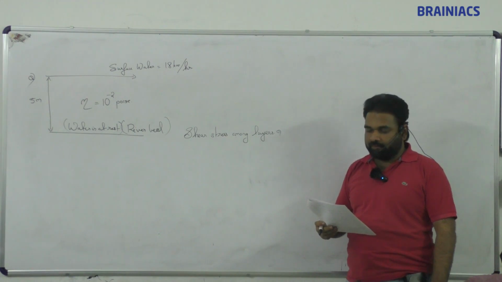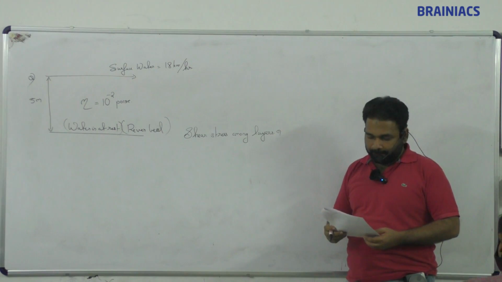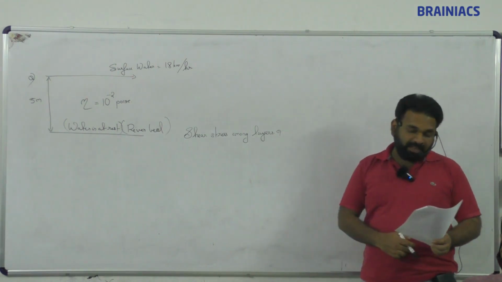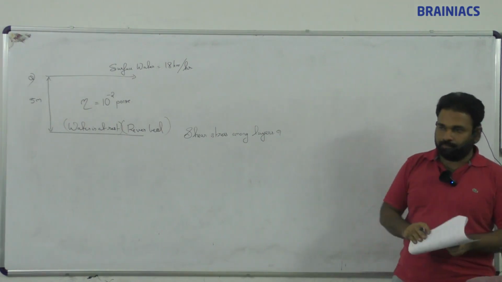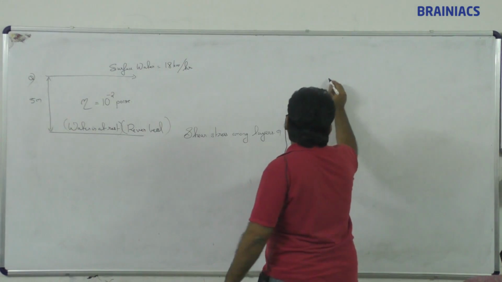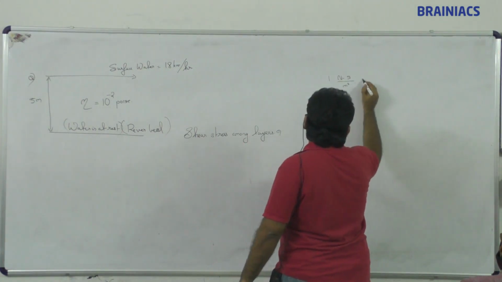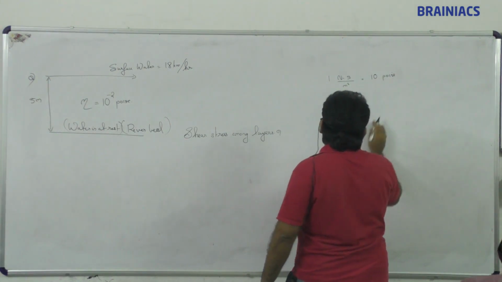How much is the viscosity or coefficient of viscosity? 10 raised to minus 1. One Newton second per meter square is equal to how much? 10 poise.